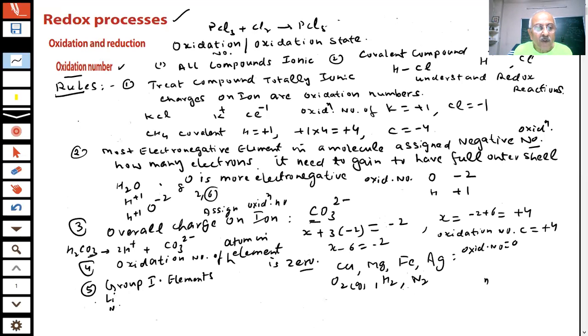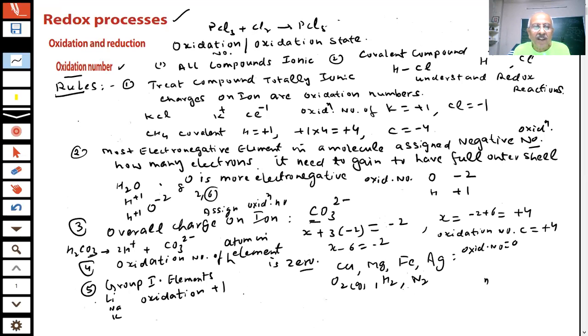Sodium, potassium, all these. They have an oxidation number of plus 1. They are in group 1, and usually you know the metals lose electrons, so plus 1.